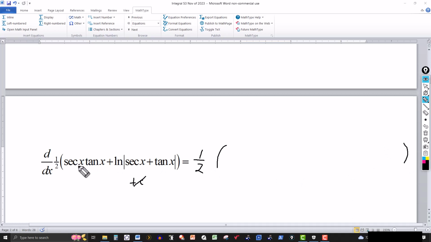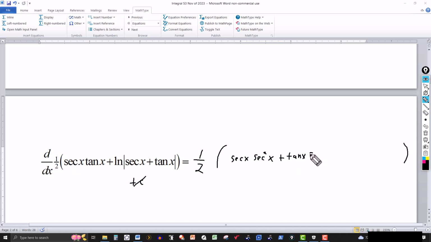So let's do this. The product here of secant and tangent, we have to use the product rule. So this will give me secant of x times the derivative of tangent, that's secant squared of x. So it's the first function times the derivative of the second, plus the second, which is tangent of x, times the derivative of secant.